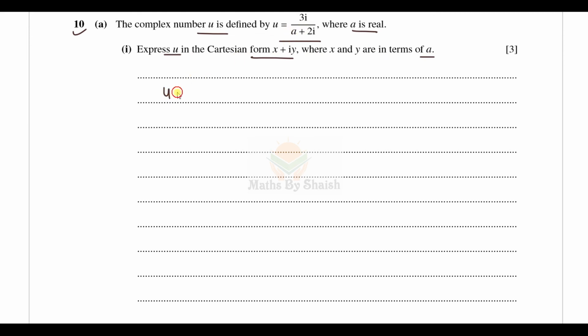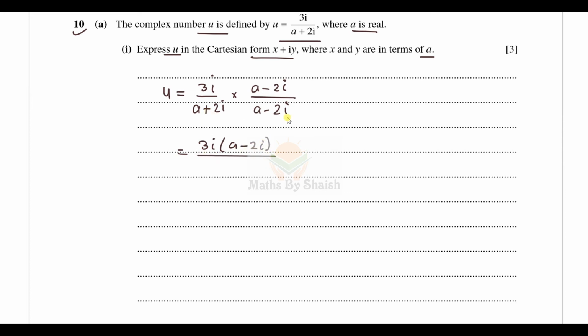Here it is 3 iota upon a plus 2 iota. I'll multiply in the numerator and denominator by a minus 2 iota upon a minus 2 iota. So we got 3 iota into (a minus 2 iota) over, using (a minus b)(a plus b), a squared minus (2 iota) whole squared.